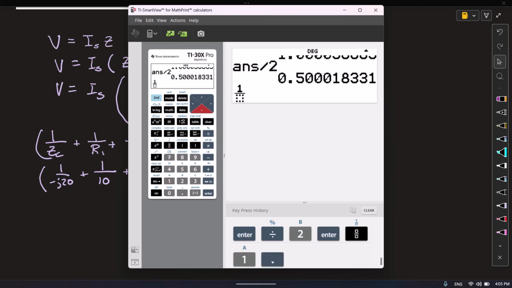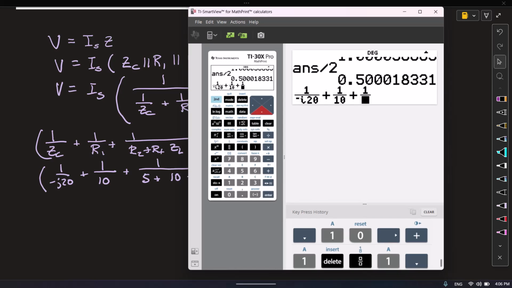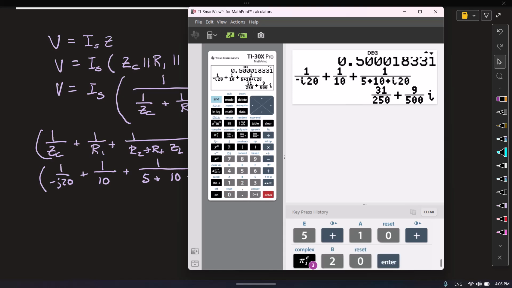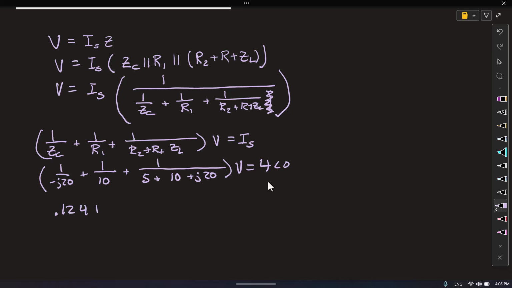So 1 over negative J20 plus 1 over 10 plus 1 over 5 plus 10 plus J20 equals 0.124 plus J0.018, times V equals 4.